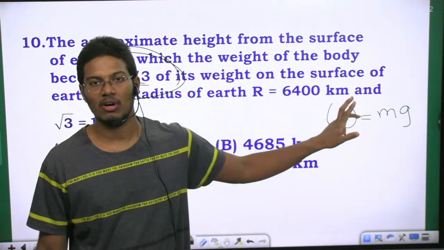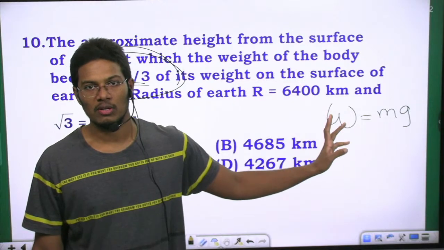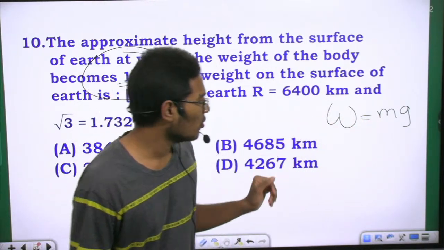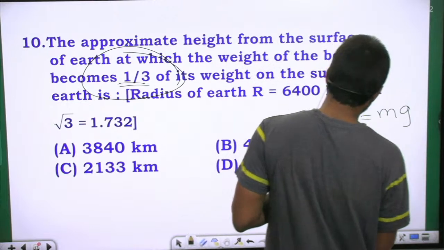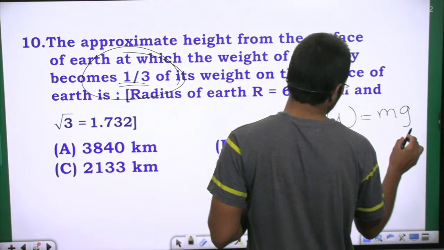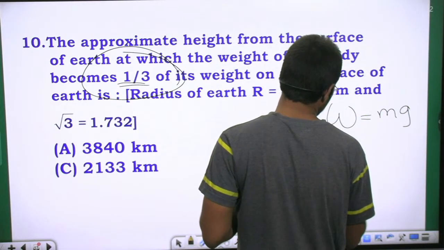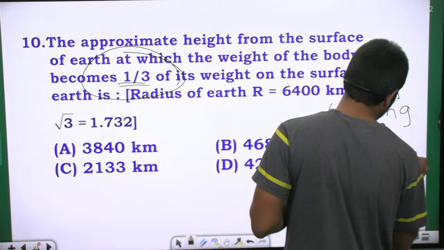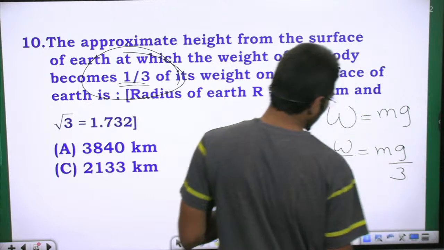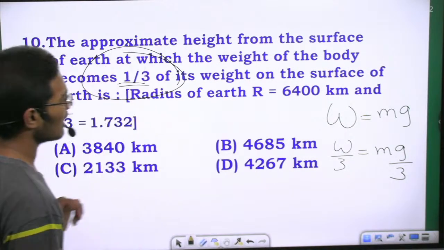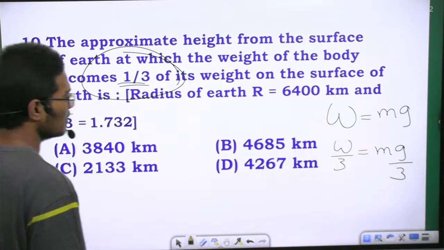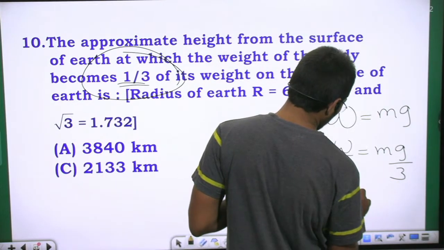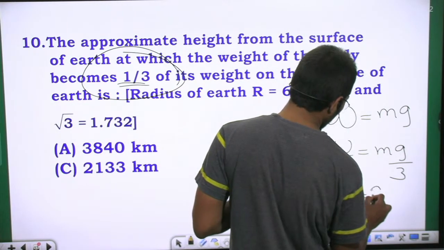It will not change wherever you go. So, mass remains same throughout the universe. The only thing that can change is g. So, the weight becomes one third, means the acceleration due to gravity gets reduced by one third. So the new acceleration due to gravity is equal to g by 3.